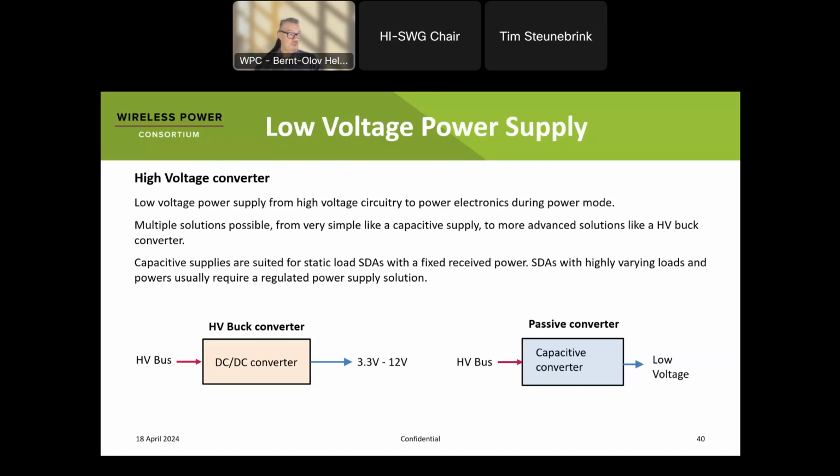There are other options like a passive converter, kind of a capacitive converter, where you sacrifice some of the power to be more reactive. It makes it a little bit easier, but the problem is you have a very limited range of power, and the voltage is very sensitive in that sense. So it needs to be considered what kind of solution is going to be used.